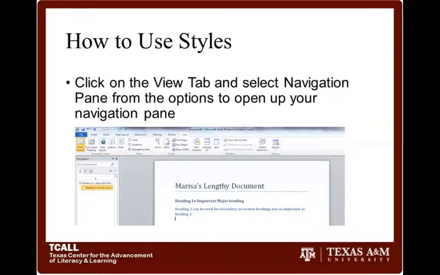You're going to select the navigation pane. This is actually a pane that I want you to bring up, and we talked about this in one of the last presentations, but that navigation pane is also going to help you when you're creating a lengthy document like this in terms of navigating through your styles, and it's going to show you what shows up there, okay?